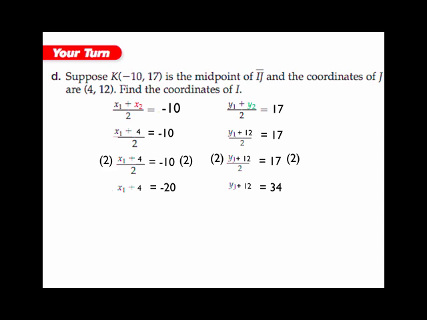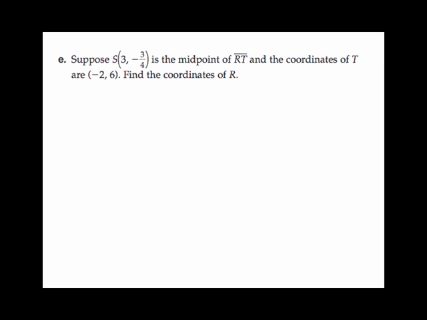I'm now going to subtract 4 on my left equation from both sides, and I'm going to subtract 12 from both sides of my right hand, or my y equation. That will leave me with a negative 24 for my x, and a 22 for my y. So the coordinate of I was that value.